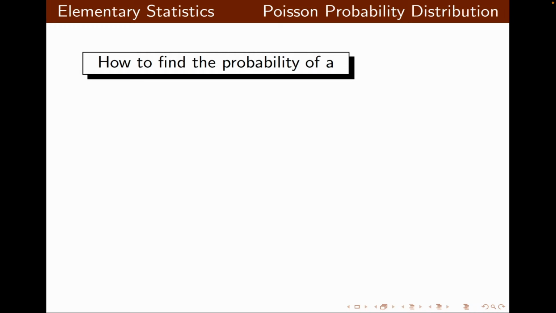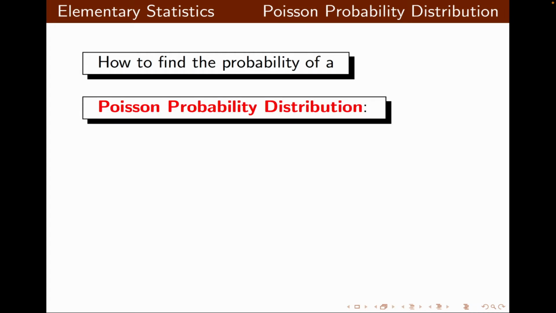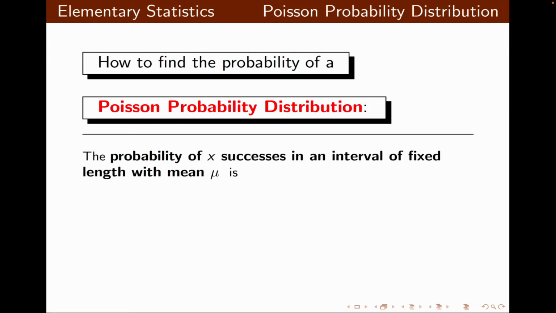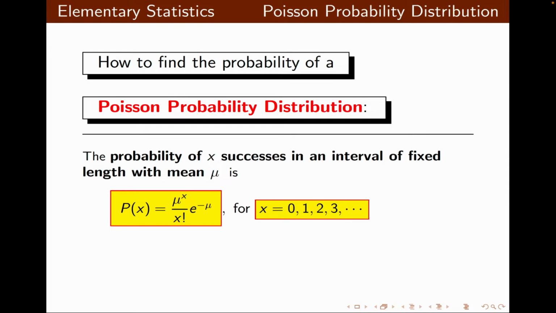So how to find probability of a Poisson probability distribution? The probability of x successes in an interval of fixed length with the mean mu is given by this formula: mu to the x power divided by x factorial times e to the power negative mu, for x equal to 0, 1, 2, 3, and so on.